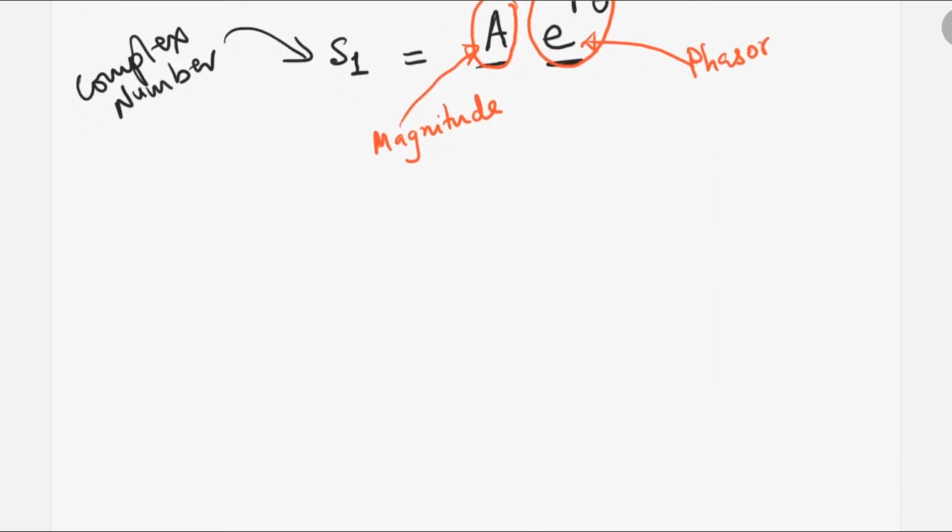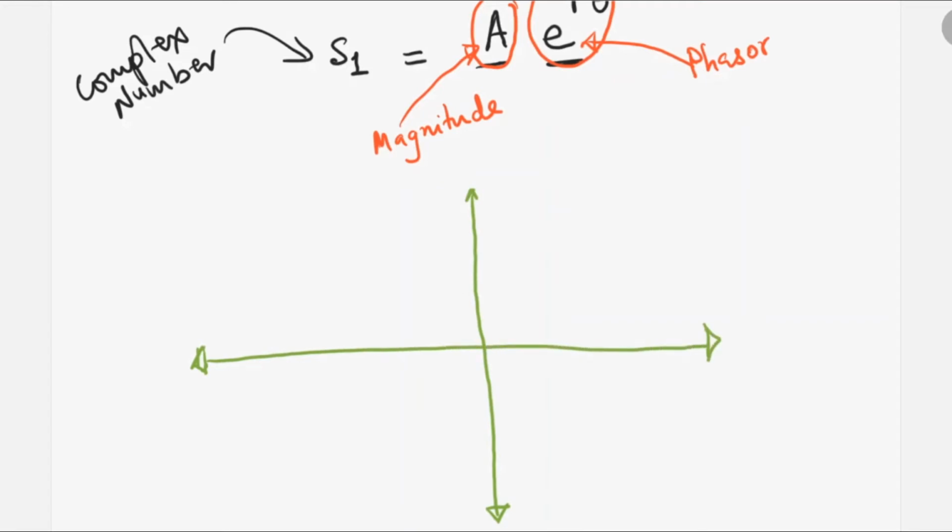So what I'm doing here, I'm picking up another plane. I don't know the name of this plane, it's just an empty plane, and I have this point over here. Let's call this point s1, which you remember is a complex number.